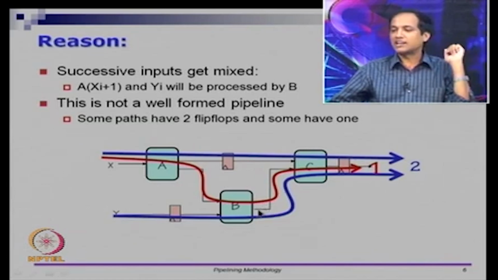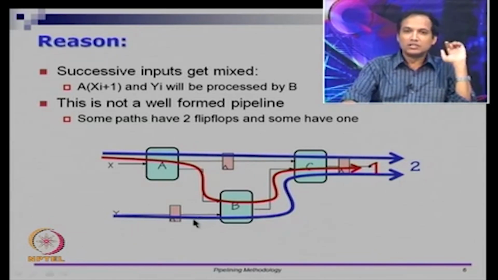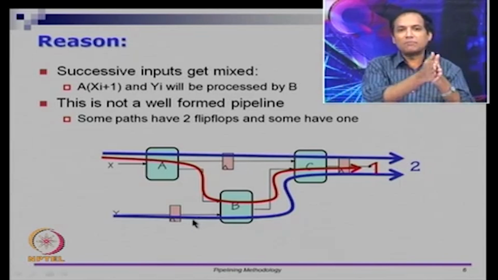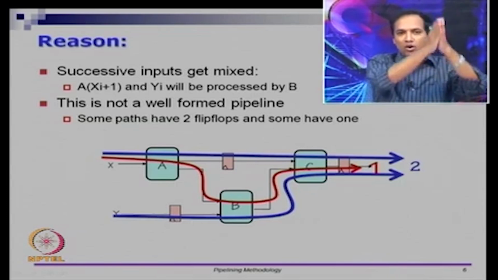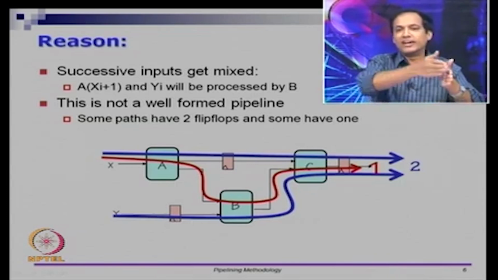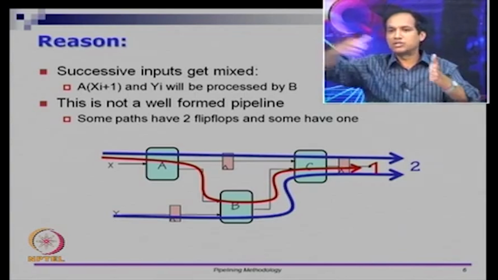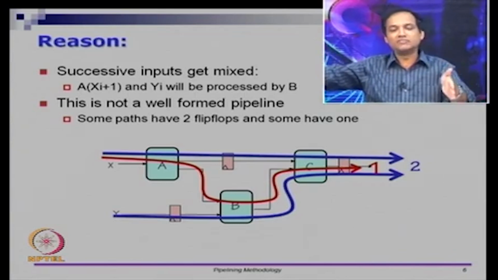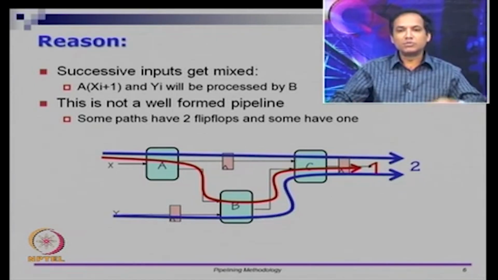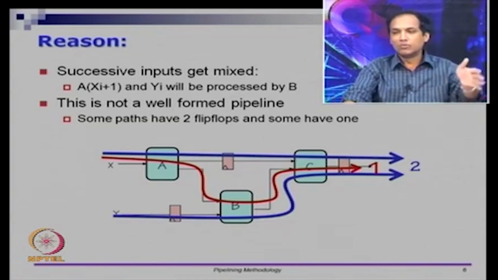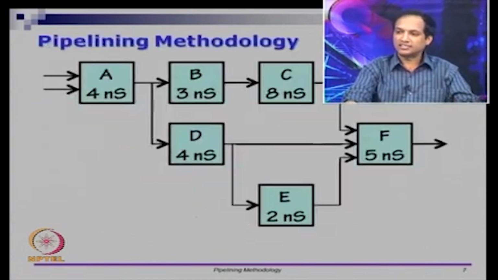So that is not a correct pipeline circuit. This is a bad combination. At any point of time, you want to give all the inputs at one time, wait till the circuit produces the output, and then give the next set of inputs. This one is asking me to mix x and y inputs from multiple stages to be given together, and that is not correct.